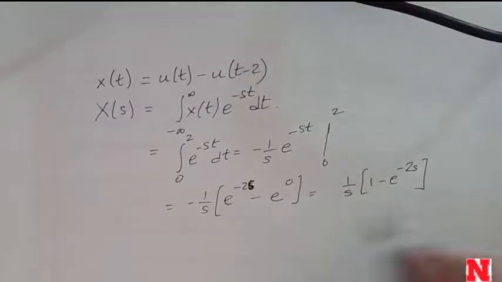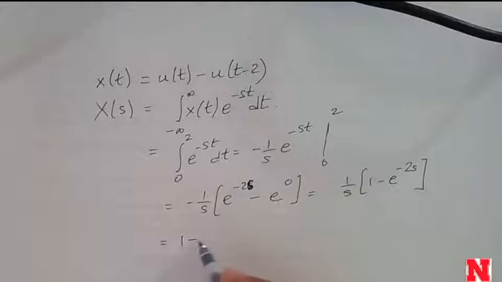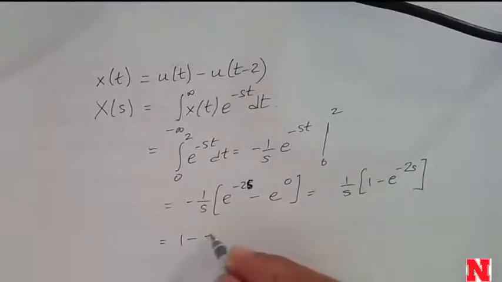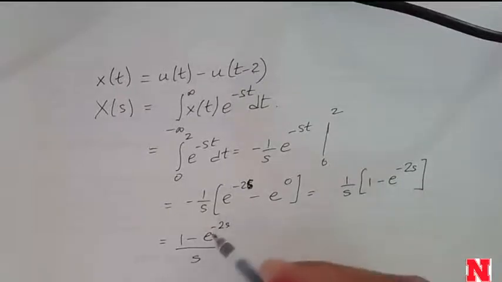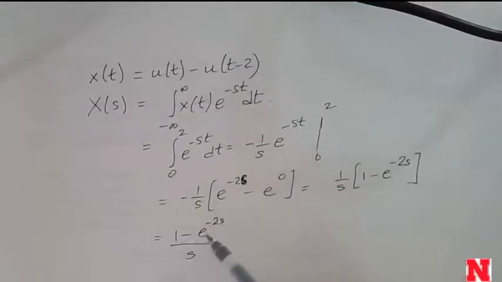So notice that when I said there are some times when we won't have a polynomial over a polynomial form, this is what I was talking about. Sometimes we'll end up with these exponentials, generally in the numerator.